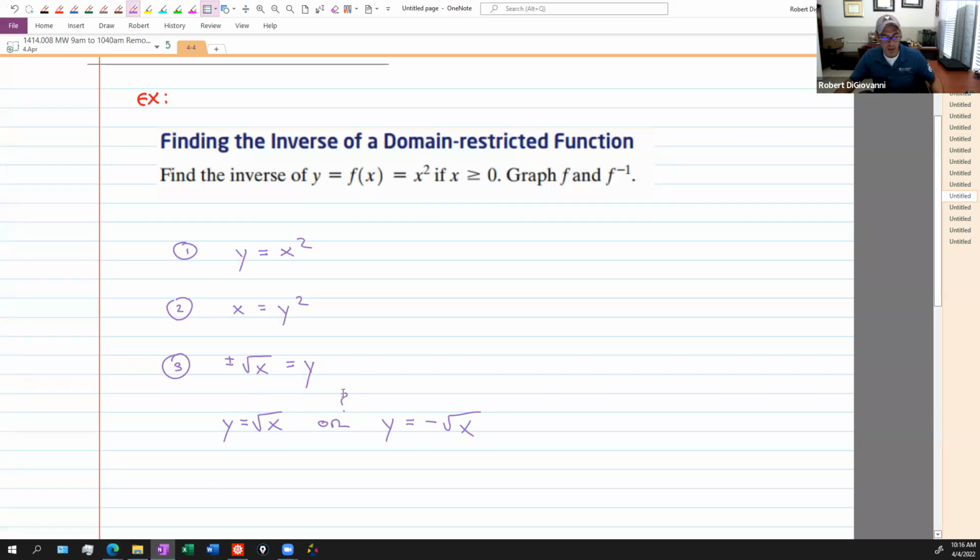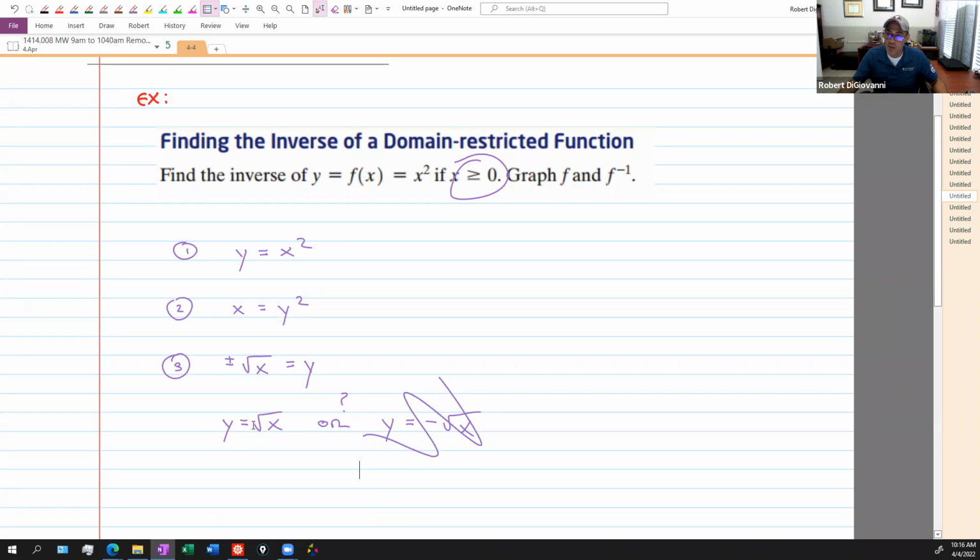We don't know. Well, the key to knowing this is to know the restriction on what the y values have to, or I should say what the x values were. The x's have to be greater than or equal to 0, right? Which means you can only have positive answers, which means this can't happen. That has a negative in front.